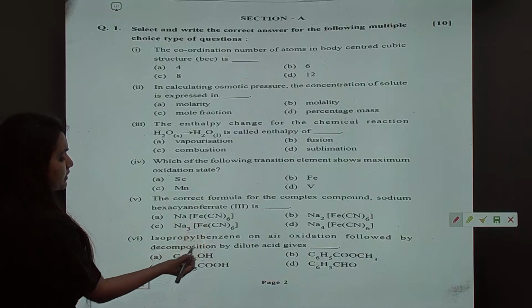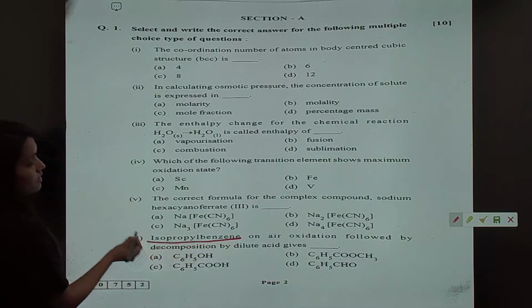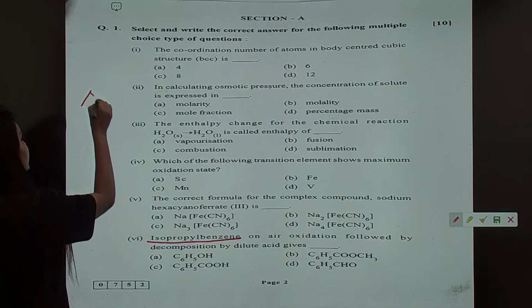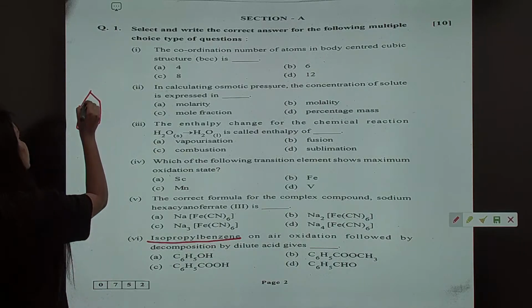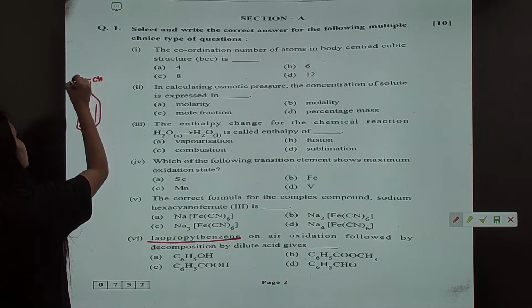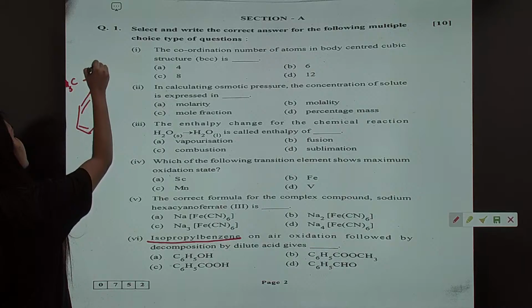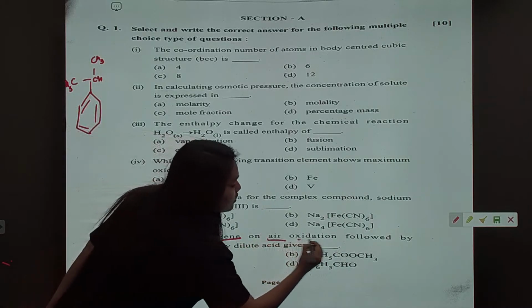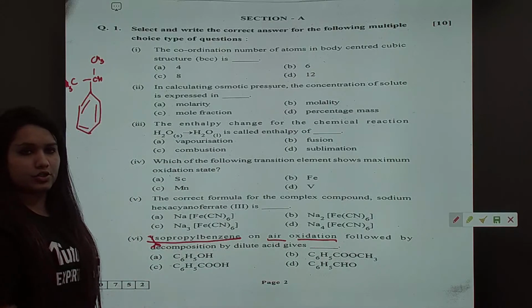Right, so let us first try and figure out this. Isopropyl benzene. Let me make it here. This is your benzene. Let's make it isopropyl. So I'm putting the CH3 group here. Now it says on air oxidation. That means oxidation, addition of oxygen, right?